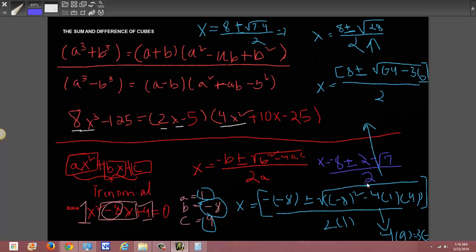And so 8 divided by 2 is actually 4. So the answer is x equals 4 plus or minus 2 root 7. That is the answer.